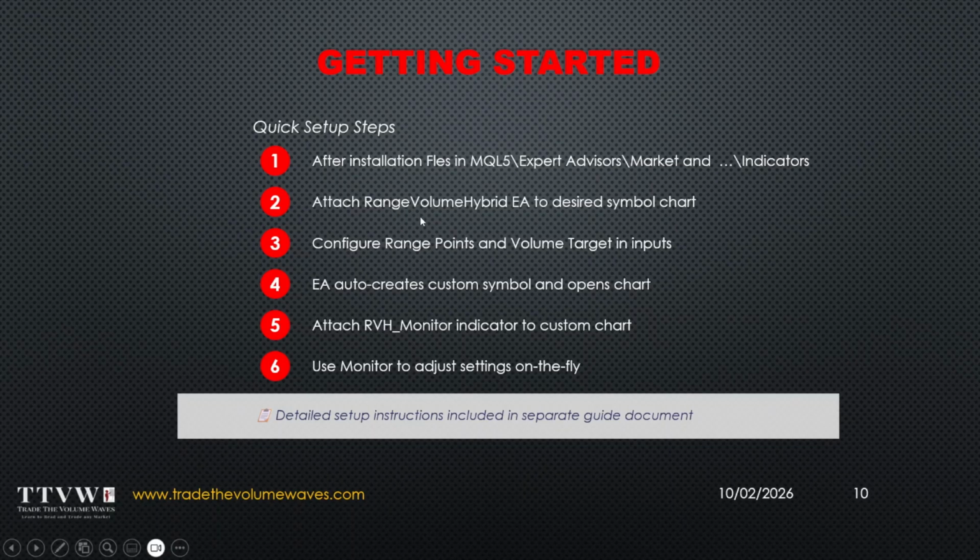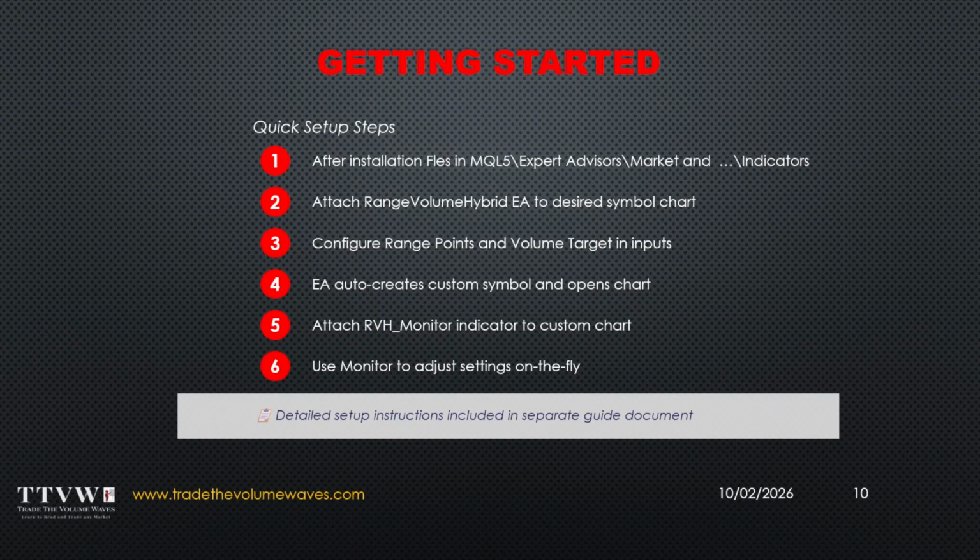Then you attach the Expert Advisor to any symbol chart that you wish, configure how many range points and the volume targets you wish, and the EA will create a custom symbol and open that chart. Once the chart is open, you will attach the RVH monitor indicator to your custom charts, and then you can adjust anything from there. Of course, detailed setup instructions will follow with a setup guide document.